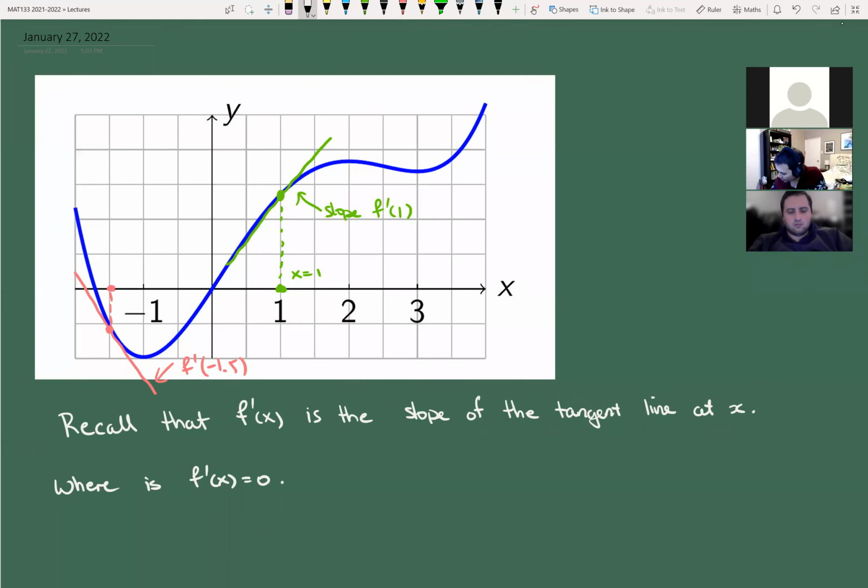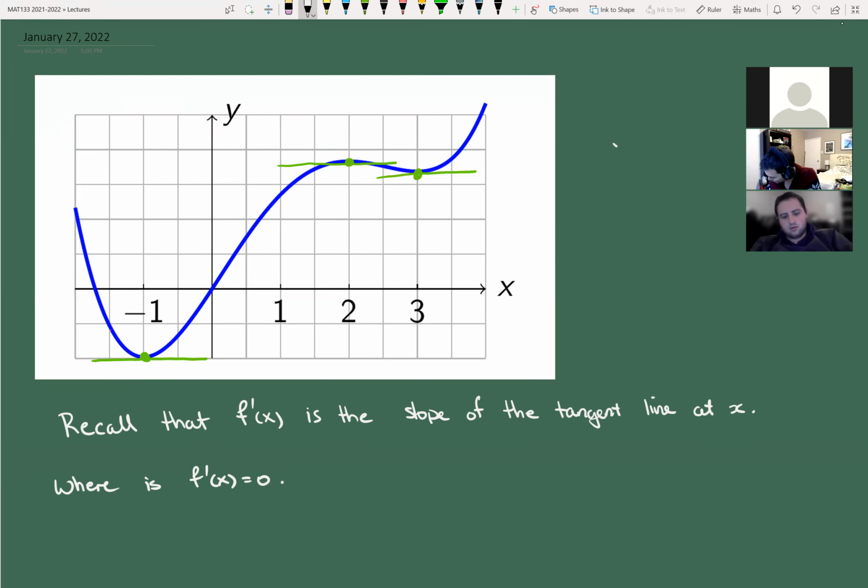So what we're going to do here, let me erase these pink and green things. We're looking at this graph and we're trying to find, by just visual inspection, which places are going to have a slope of 0. And it looks to me like probably here has a horizontal slope, and about here, and then about here as well, right?